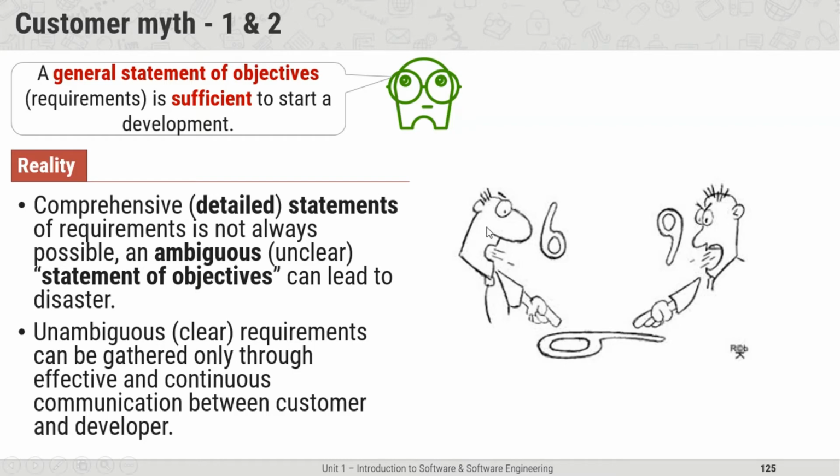Suppose the customer thinks, I have given that statement to the software manager, he will look into it and complete it within some duration. Suppose a customer says, I want to build some kind of billing software, and thinks his task is done, but the task is not done.